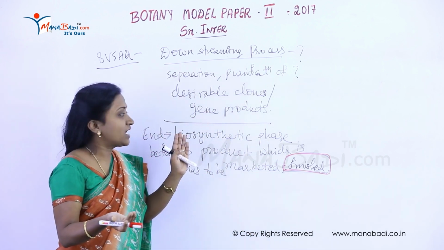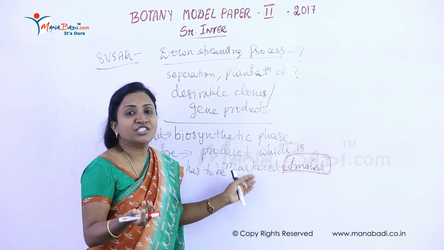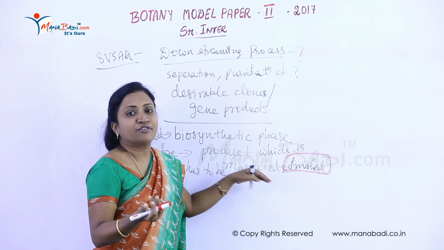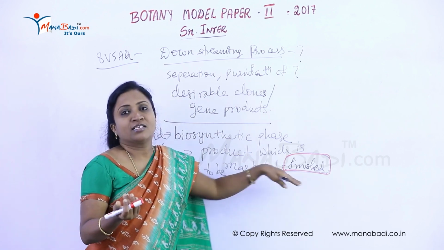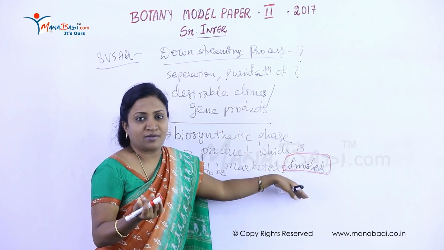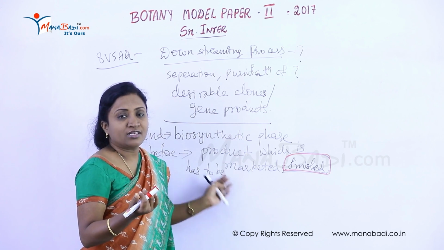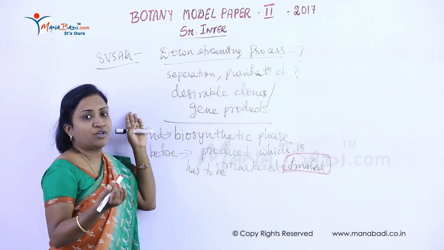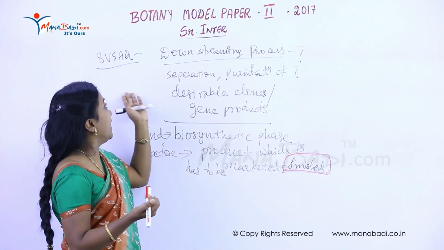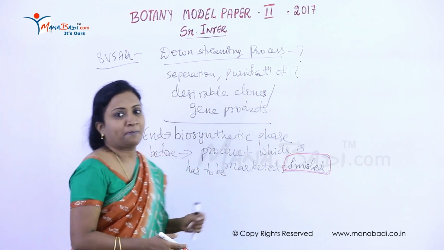Those attained by the biosynthetic phase have to be released into the market as a furnished product. So this is what the downstreaming process means, the definition as well as when it is done. Here we end the 8th VSAQ, that is the downstreaming process.